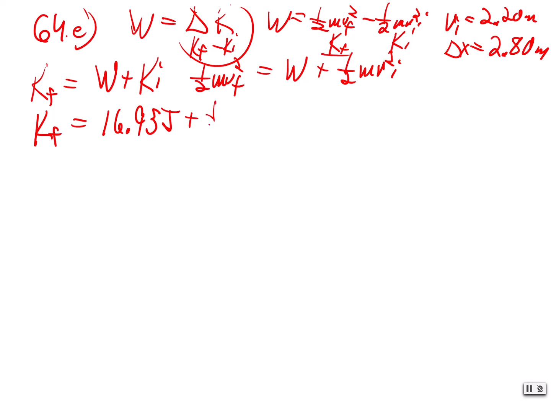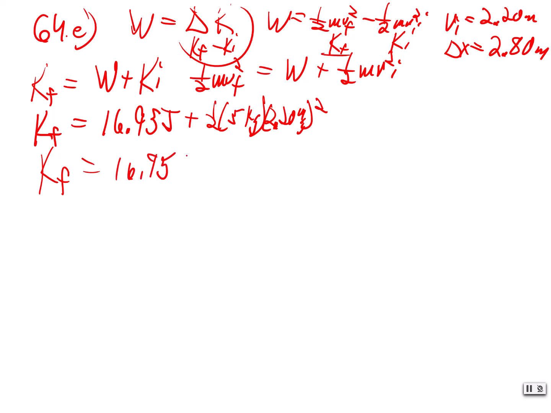Well, okay, 1/2 times 5 kilograms times 2.2 meters per second squared, and that comes out to be 12.1 joules. K final is equal to 16.95 joules plus 12.1 joules. 16.95 plus 12.1 is 29.05 joules.